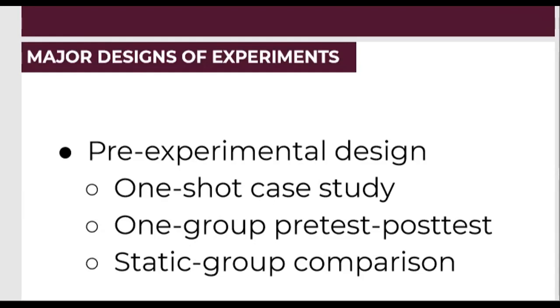Of course, just like any other pre-experimental design, this design also suffers from a lack of random assignment of subjects. So this design is prone to individual differences, which may influence the results as extraneous variables.